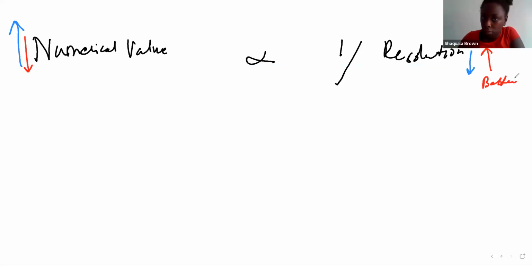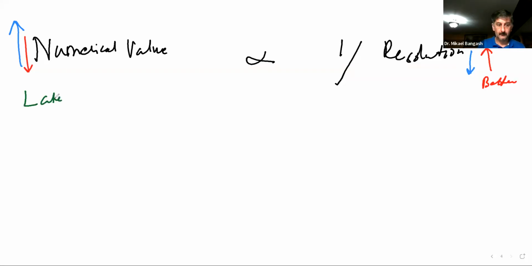Yes. Okay. Now, what was the numerical value for lateral resolution?